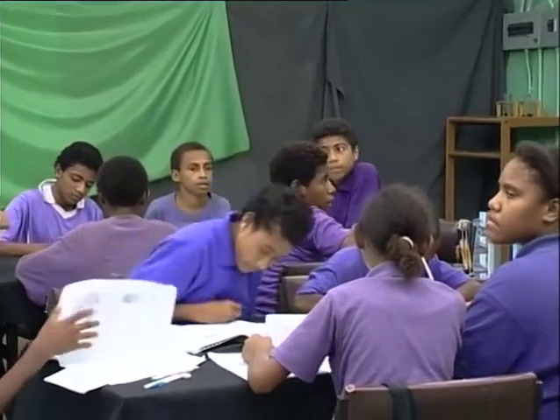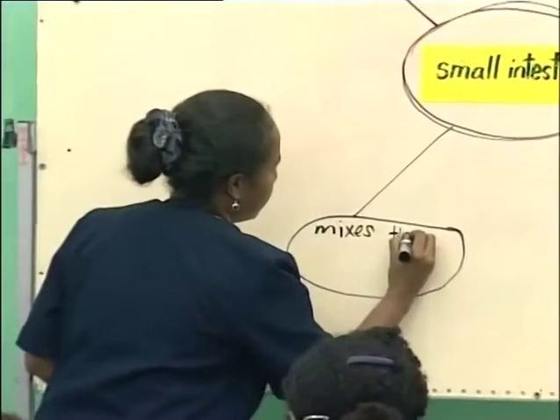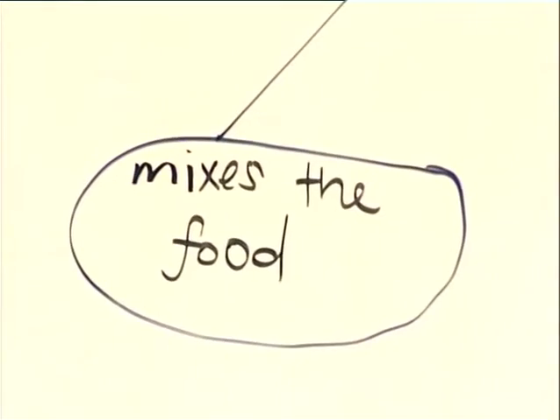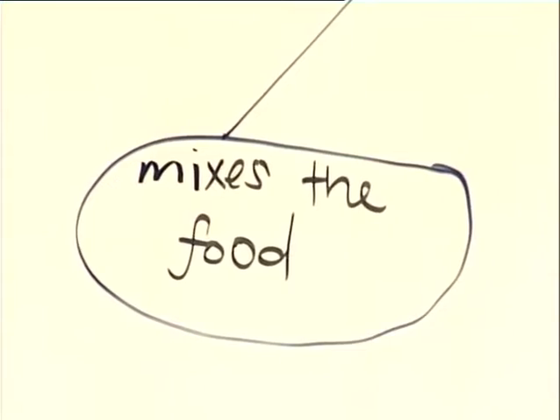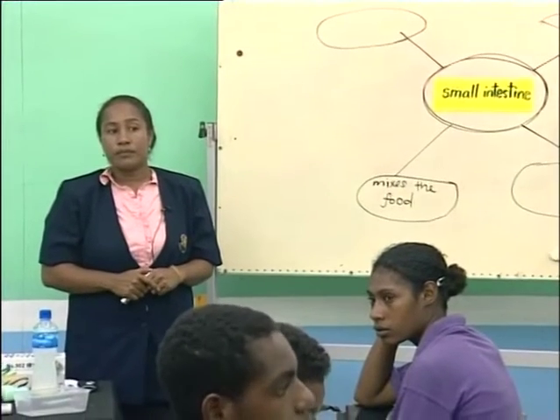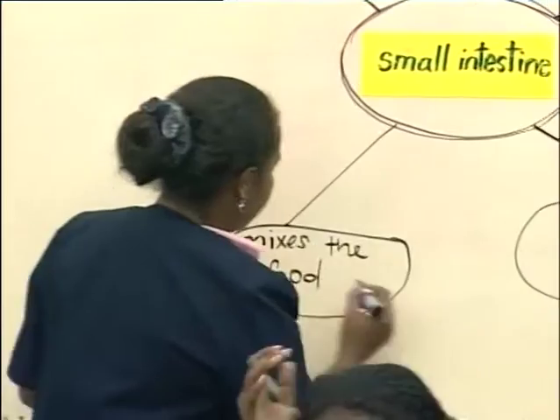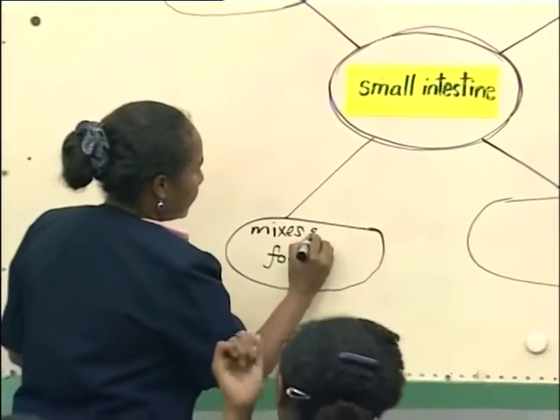So that is one of the ideas. Okay, good. Alan? Smashes the food. Okay, so we say mixes and smashes.